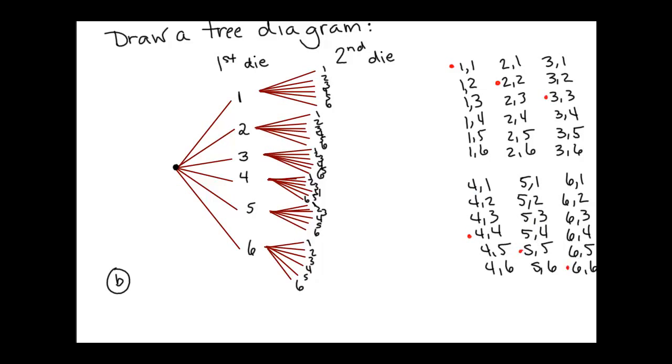So the probability would be, remember that's number of successes, so number of favorable outcomes would be the number of outcomes that were doubles, which would be 6 out of the total outcomes of 36, which means that you would have 1/6. The probability of rolling a double would be 1/6.